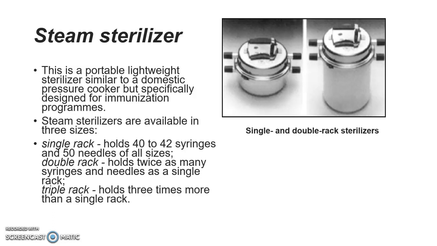Steam sterilizers are available in three sizes. First is the single rack, which holds 40 to 42 syringes and 50 needles of all sizes. Then the double rack may hold twice as many syringes and needles as a single rack. Another is the triple rack, which may hold three times more than the single rack.